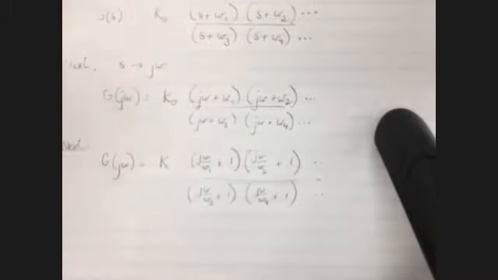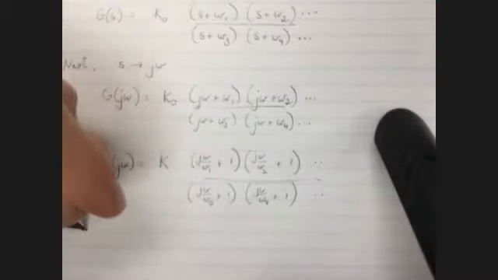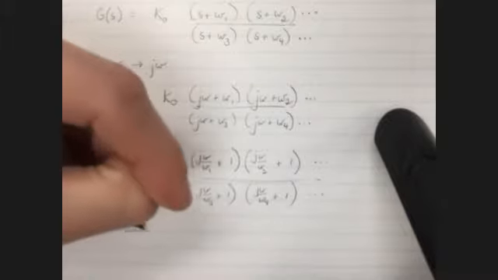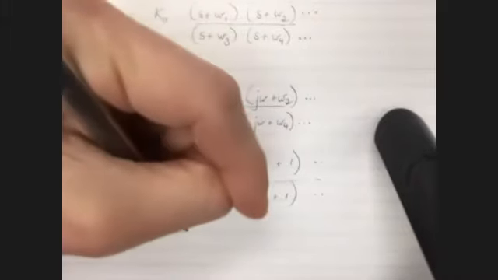So instead of having k0, let's just have a k. K basically absorbs any constants you divided by or multiplied by.